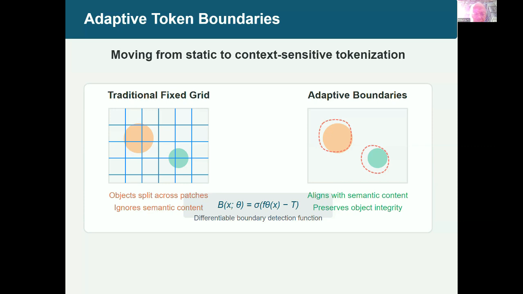The system learns to identify meaningful units rather than use arbitrary divisions. This is more like how humans process information. We naturally focus on meaningful objects and their relationships rather than processing every pixel equally.